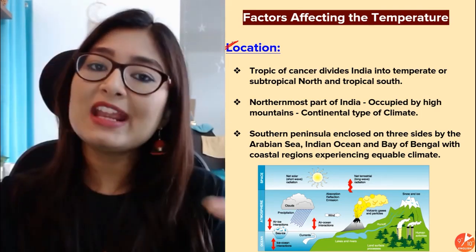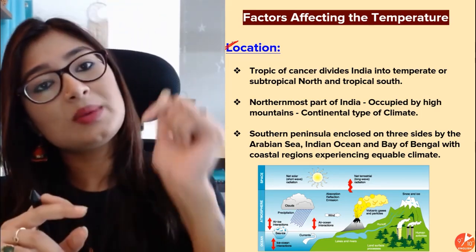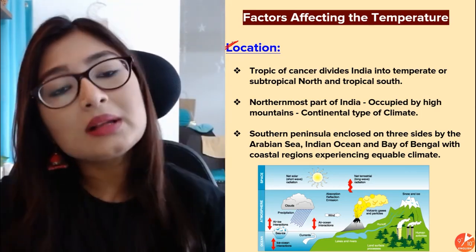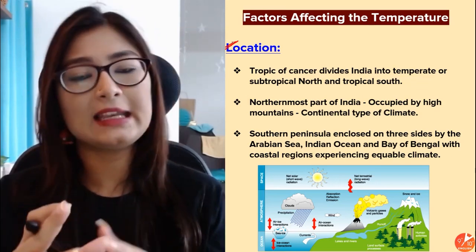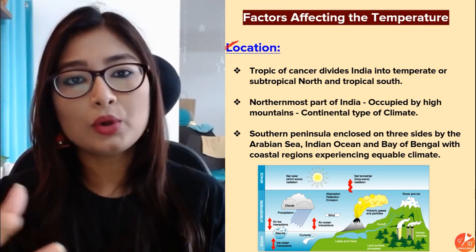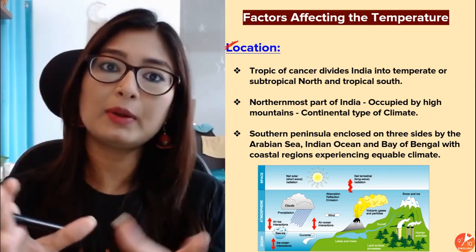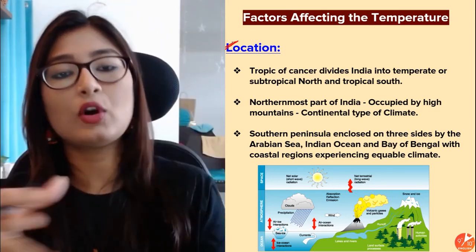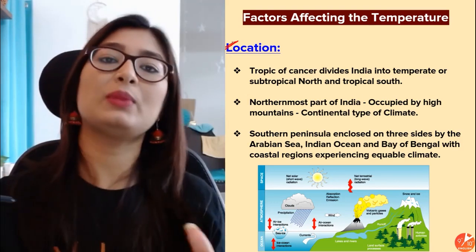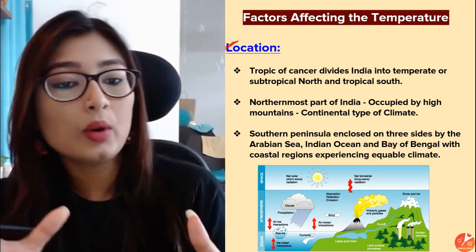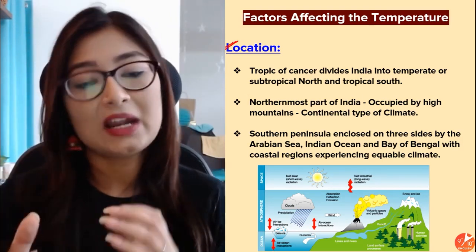Okay, so the variation has to be there. So that is what we see in the north. However, in the tropical south, the summers will be hot but not so hot as we see for its latitude, and the winters will be just pleasant, not really cold. Okay, so that is the difference that we see.